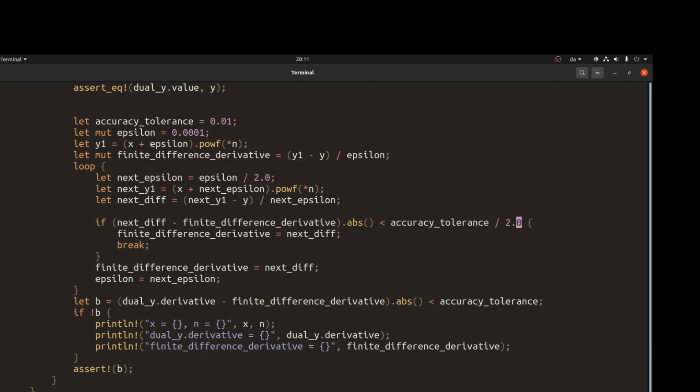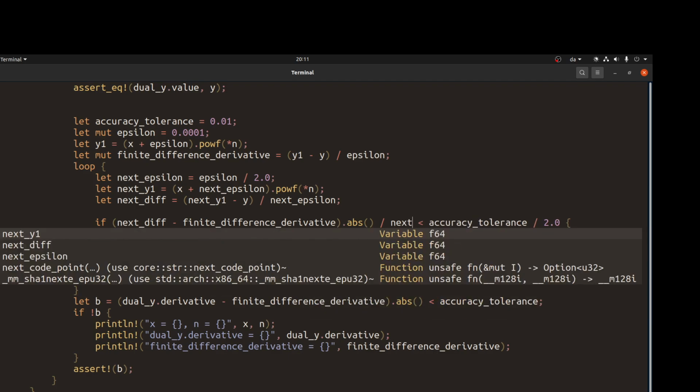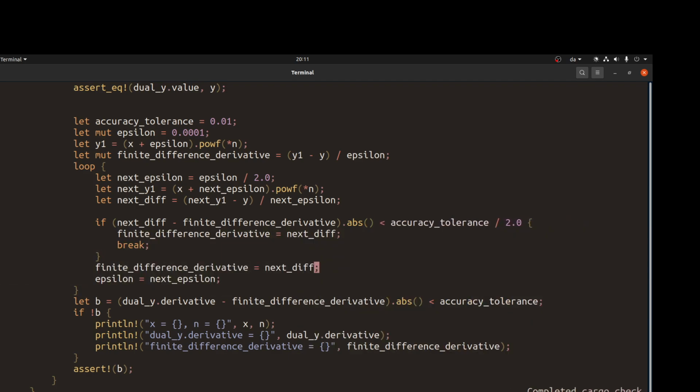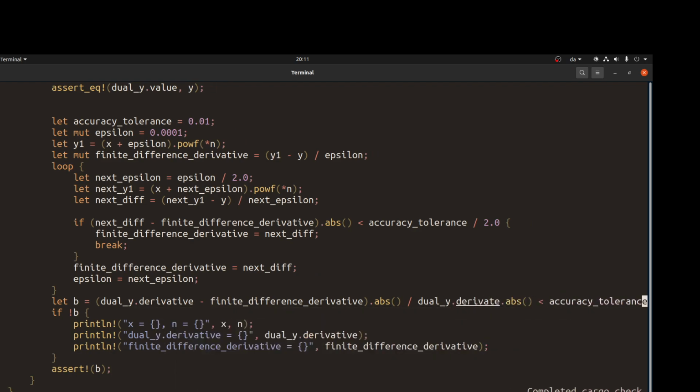So I think what I want to do is let's not take this thing. Let's do a relative. So next, I think that maybe that's fine, but here in the comparison we'll say dual y derivative absolute value.